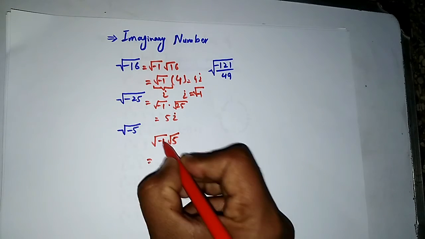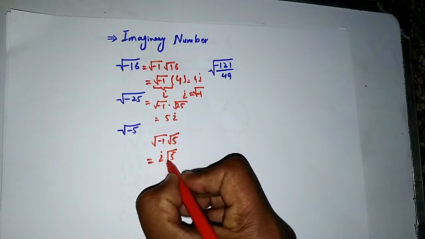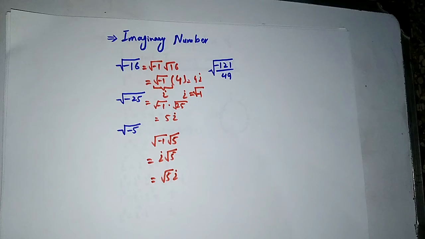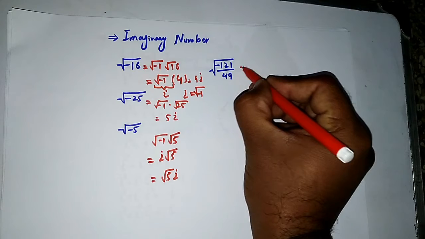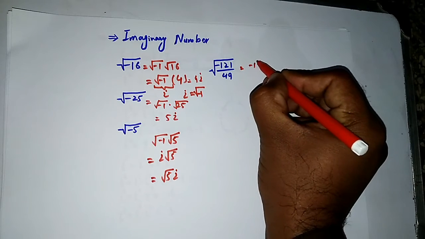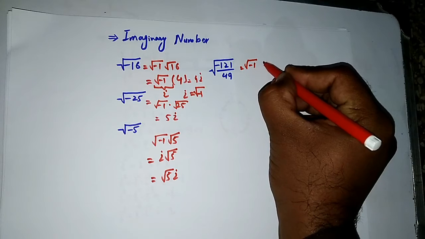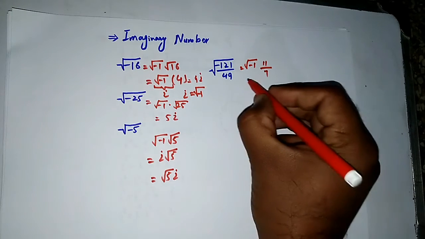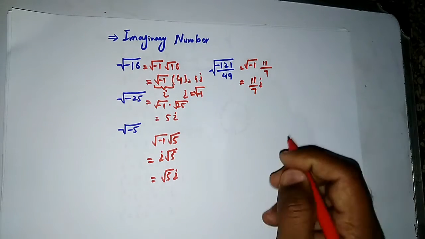Square root of -1 is iota, and this is root 5, so we can write it as root 5 iota. Similarly, if we solve this, we can write it as square root of -1, and square root of 121 is equal to 11, and square root of 49 is equal to 7. So we can write it as 11 by 7 iota.